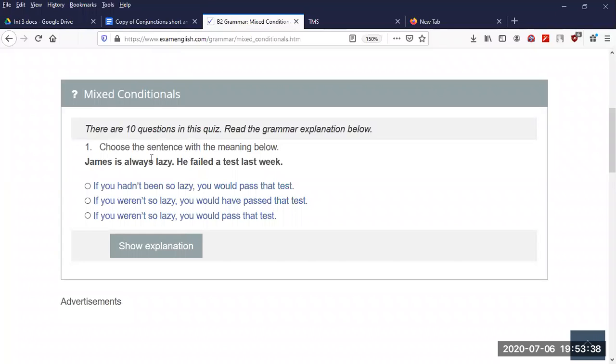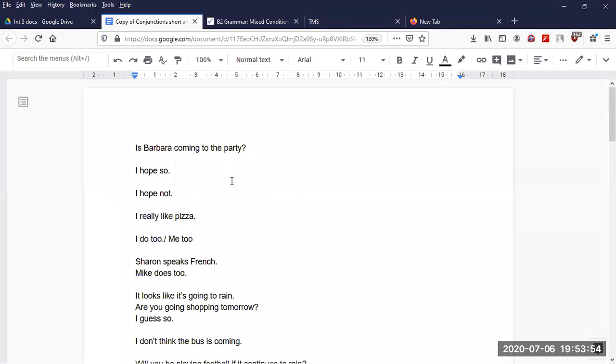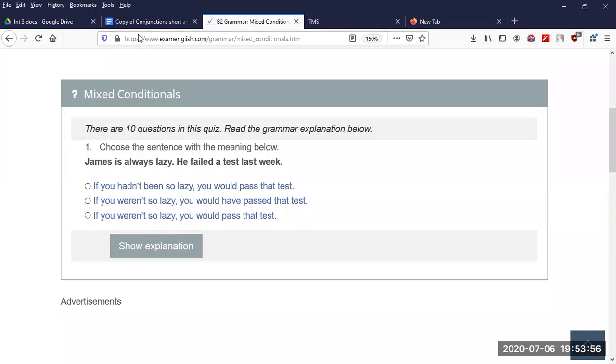So we're looking for a present situation and an imagined past result. So we're going to be using the past simple and then would have and the past participle.